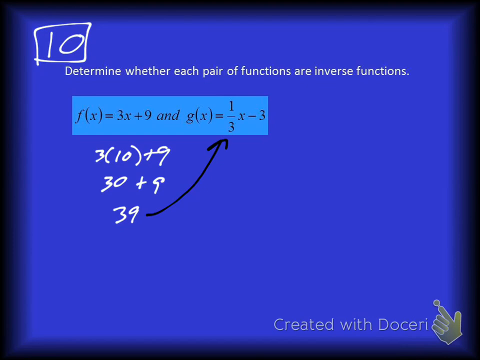Take 39 over to here. 1/3 times 39, that's 39 divided by 3. 13. 39 minus 3... 13 minus 3 gives us 10.